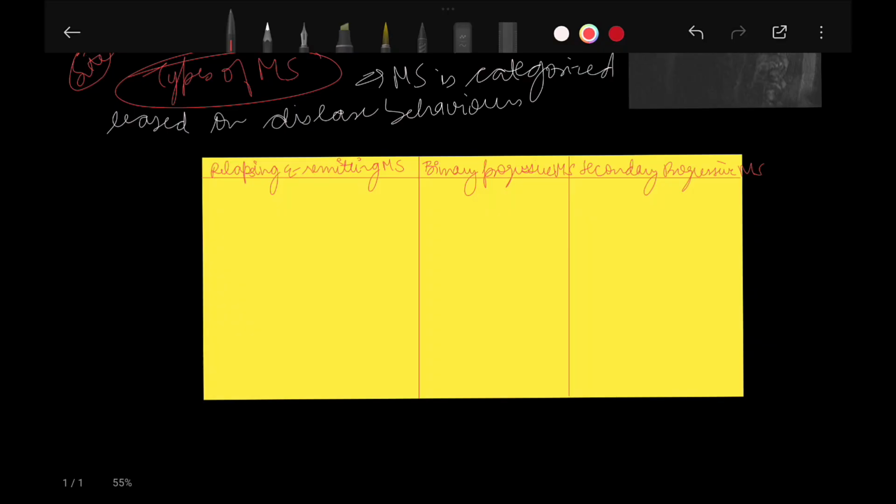In relapsing and remitting multiple sclerosis, this is the graph in which disability is plotted against the time. In this, as we can see, the disability is relapsing and remitting.